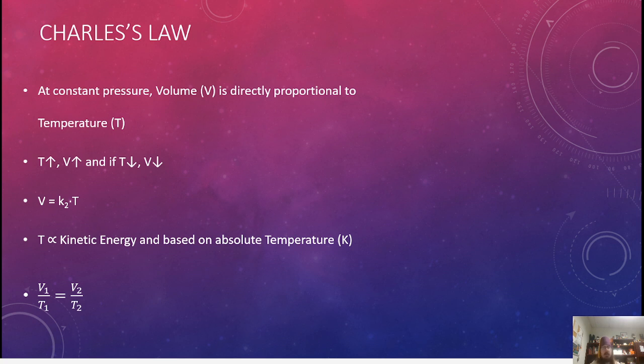So how can we imagine this? Well, temperature is directly proportional to kinetic energy, our energy of motion. Hotter things move faster. So if the temperature were to increase, so would the pressure.